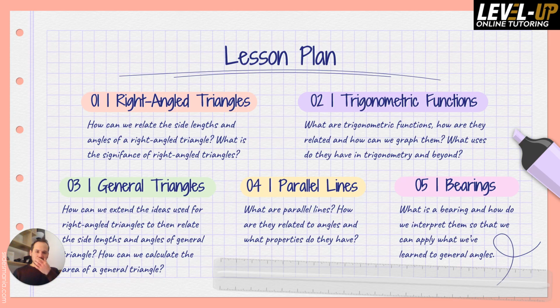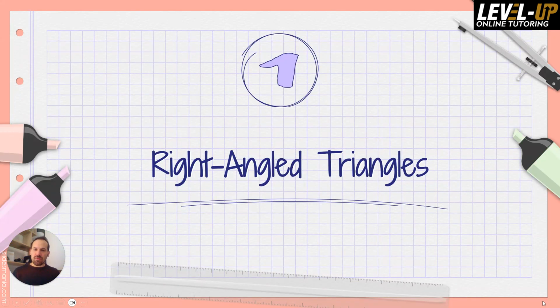Then we're going to look at parallel lines, and see how lines being parallel lets us relate various angles at the intersections of various lines. And then finally, we're going to look at bearings, which is a way of defining or looking at angle in a slightly different way, something that certainly has a historical relevance, but is still used today for certain.